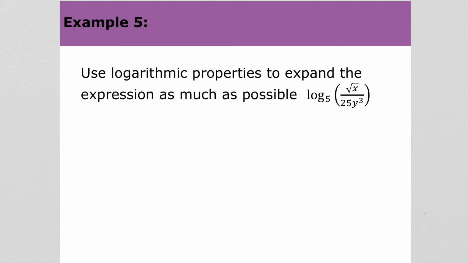So we want to start with division. And with division, we're going to separate into subtraction. So log base 5 of square root of x, I'm going to go ahead and change that to x to the 1/2. Then minus log base 5 of 25y cubed.